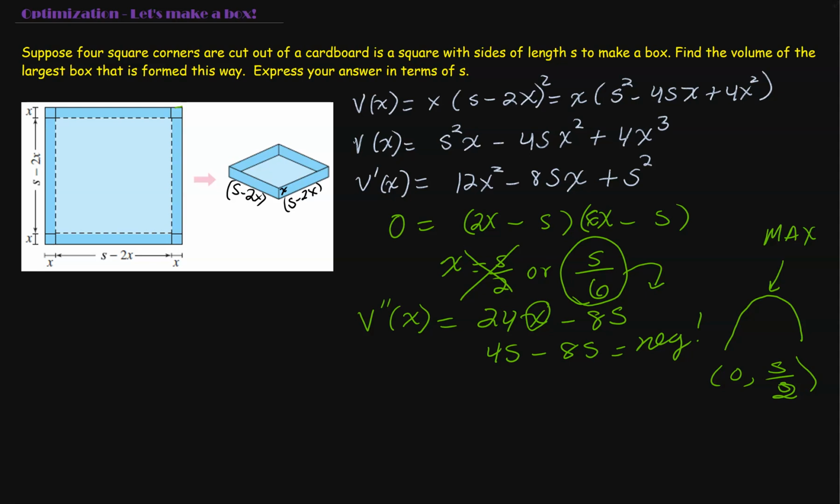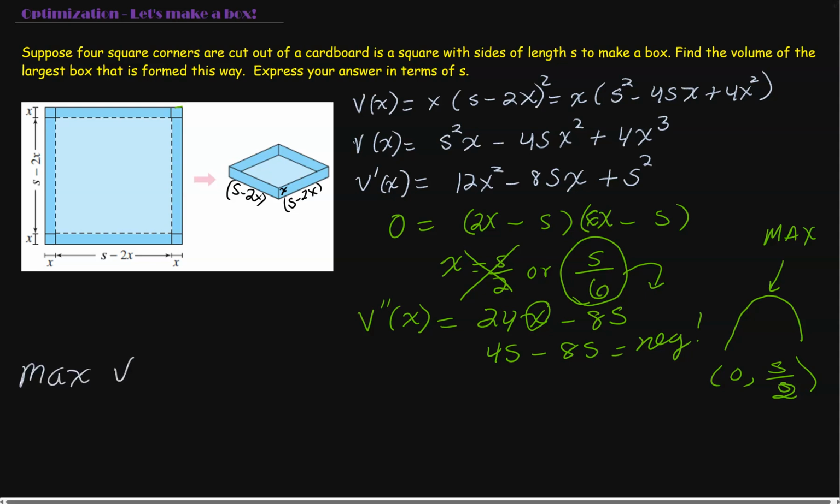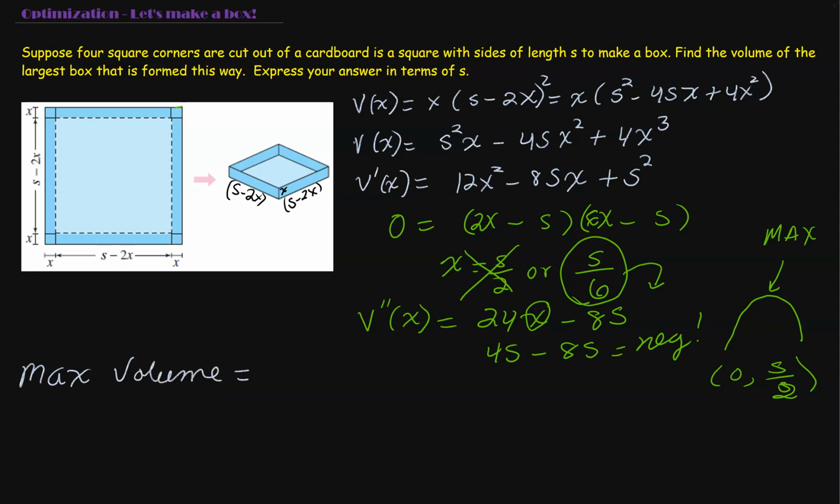So then the maximum volume will be x, which is s over 6, multiplied by s minus 2 times s over 6, squared, and that would be s over 3.